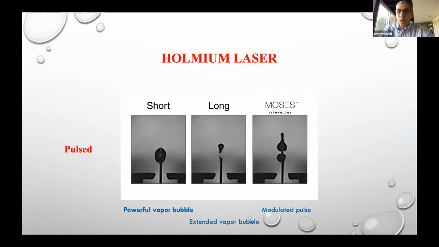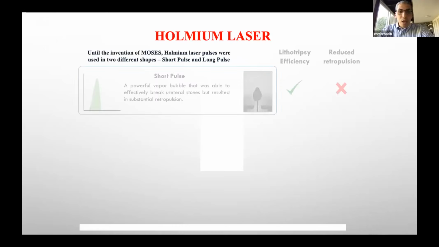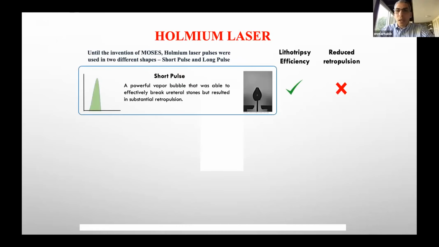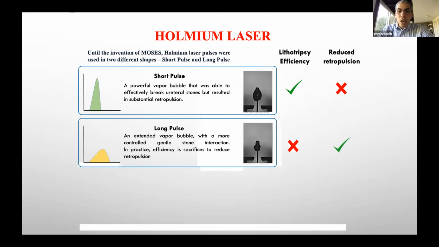The Holmium laser works in a pulsed mode, which is the difference, and we can manage the type of pulse. We can have a short pulse or a long pulse, or the new one, the modulated pulse, which we know as Moses technology. When the Holmium laser was first introduced, we had only two pulse shapes. The short pulse is used for lithotripsy.